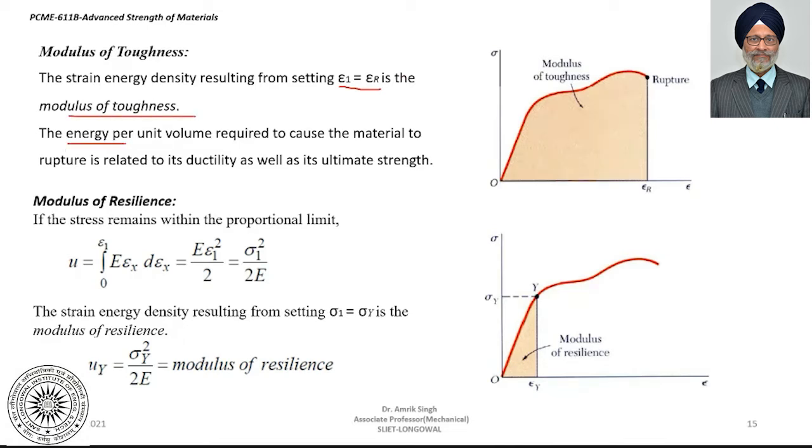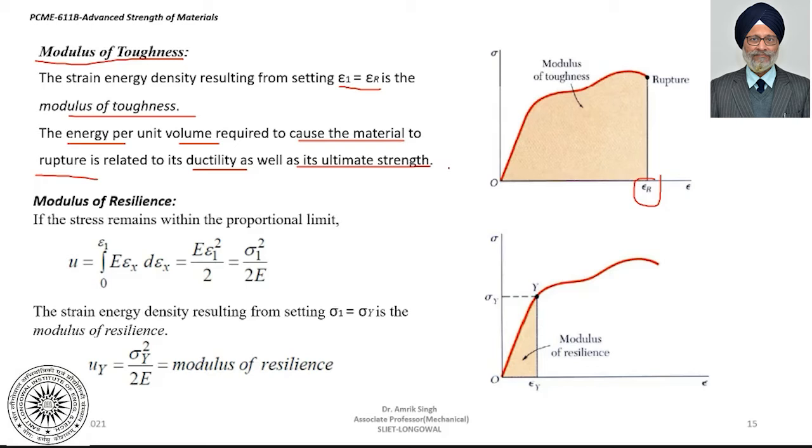The energy per unit volume required to cause the material to rupture is related to its ductility as well as the ultimate strength. So up to rupture, epsilon r is taken, and this will be given by the modulus of toughness. That means the area under this up to the rupture.